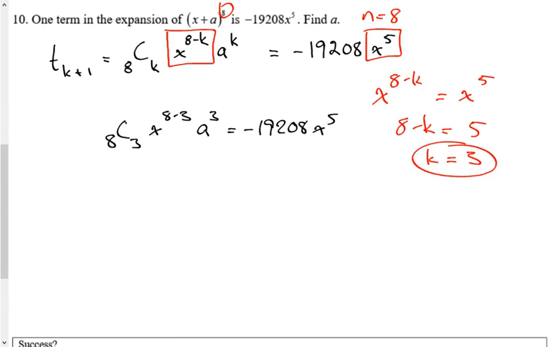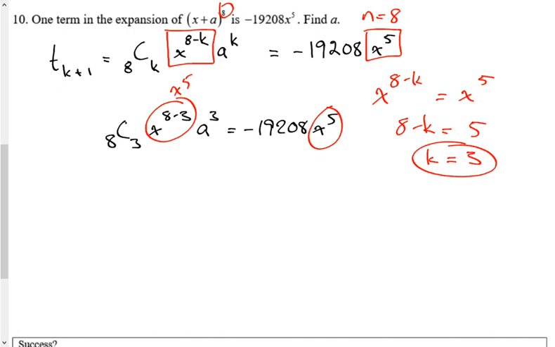Now what I would like to do at this point, students don't always like if I do it, which is ignore the variables. So I know that this is an x to the 5th, and this is an x to the 5th, so I really don't care about that on both sides. You could say I'm dividing it out, or you could just say I'm looking at the coefficients and I'm equating coefficients.